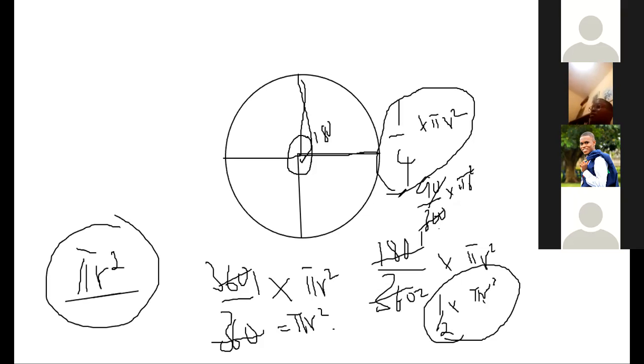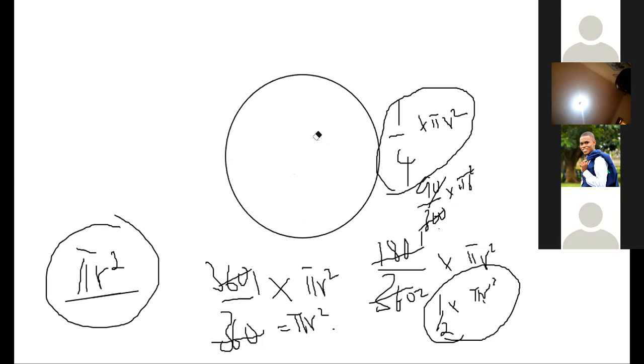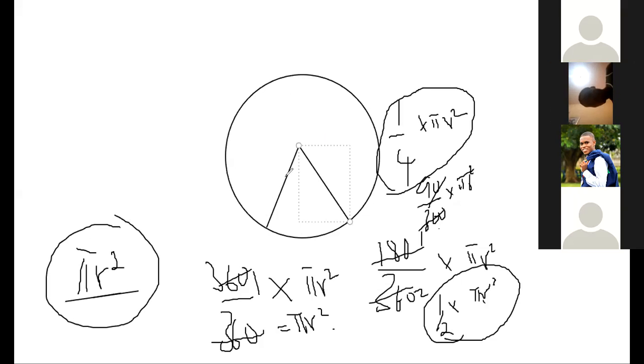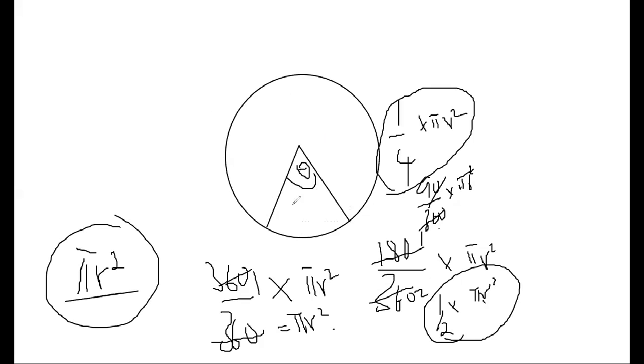So if you have been given the circle with an unknown angle, which we term as theta.